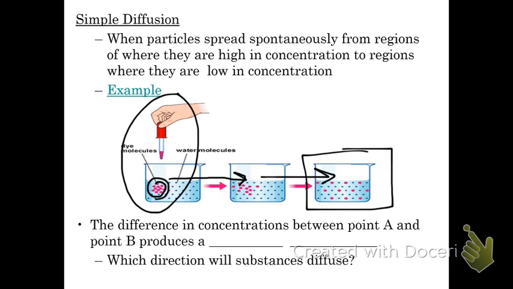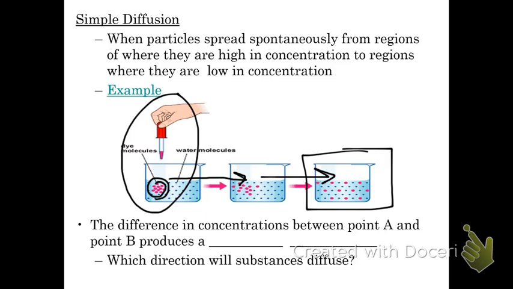So there's a uniform color. Even if it's not a dye molecule, this would be true of any molecule that you added into water. As long as that molecule is able to mix in the water, you would expect after a short amount of time that molecule would be completely dispersed and equally distributed in that water. And that is a very great example of simple diffusion.